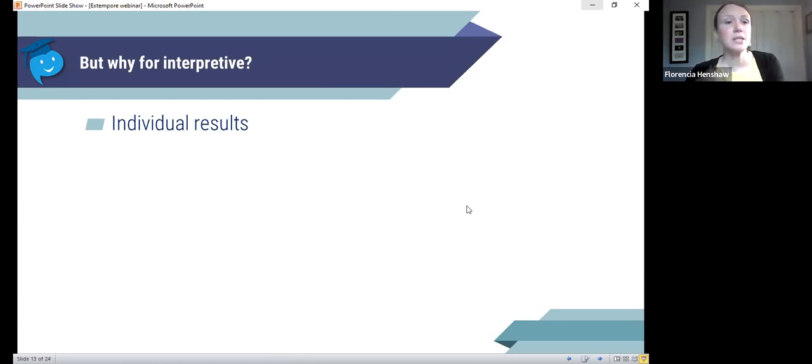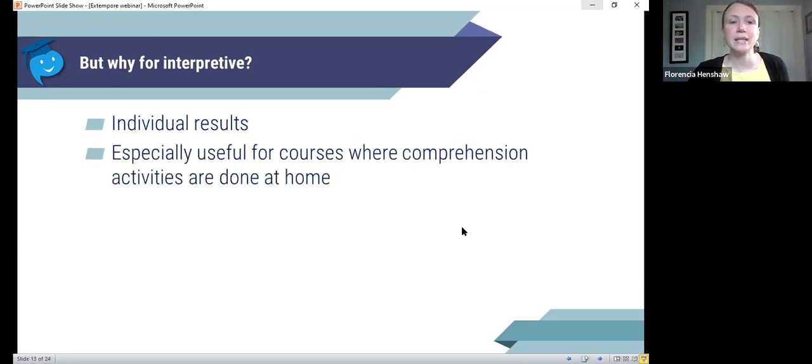Extempore also offers multiple choice activities. I'm not going to show you those, but you could certainly use it for that as well. I think that is especially useful for courses where comprehension activities are done at home, again, to minimize relying on outside resources.